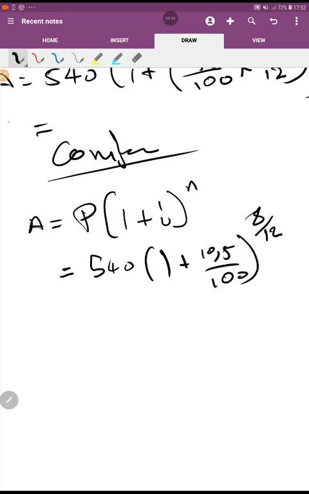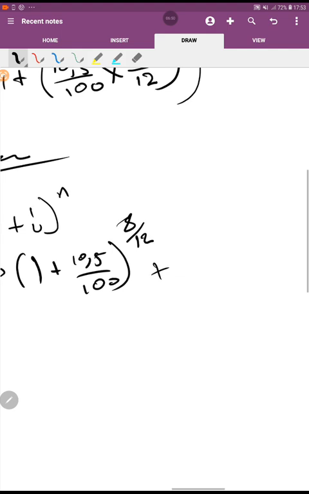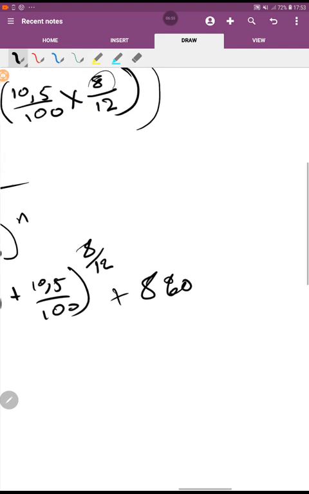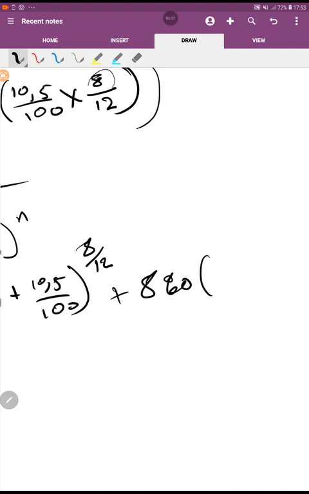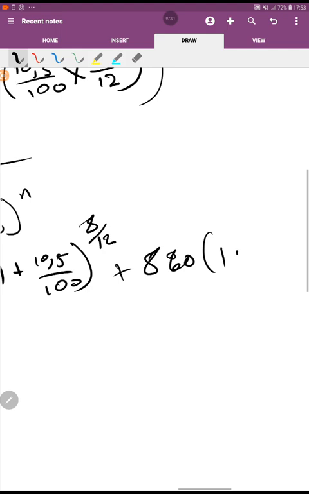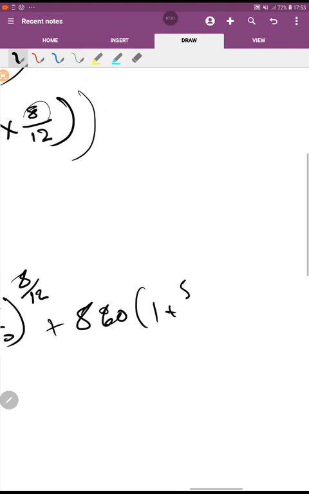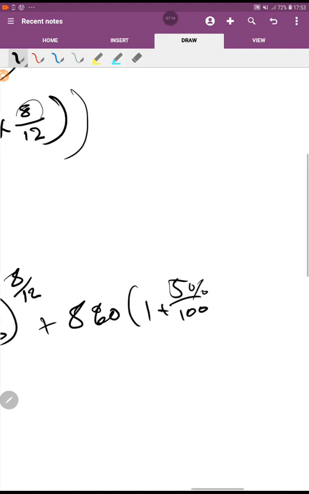Maybe you've increased your investment and now decided to invest 860 rand. So it's going to say plus, I'm going to add plus 1 on an interest rate, maybe let's just say an interest rate of 5%.